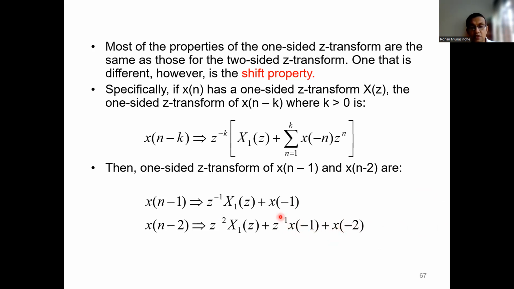Because this exponent here is to the power, right? So you have to start with a value which is equal to the time shift. If you're talking about 5 steps, you start with z to the minus 5, and then z to the minus 4, then z to the minus 3, minus 2, minus 1, and no z in the last term. Okay, so it goes like that.